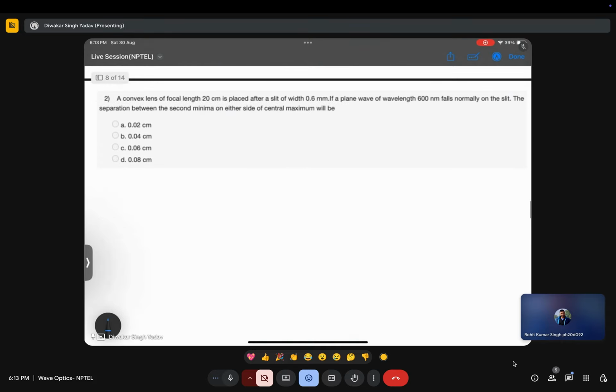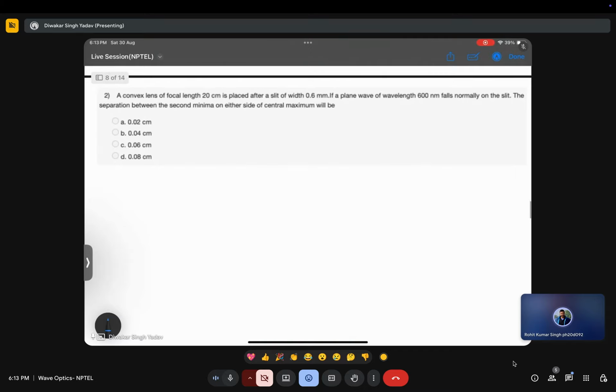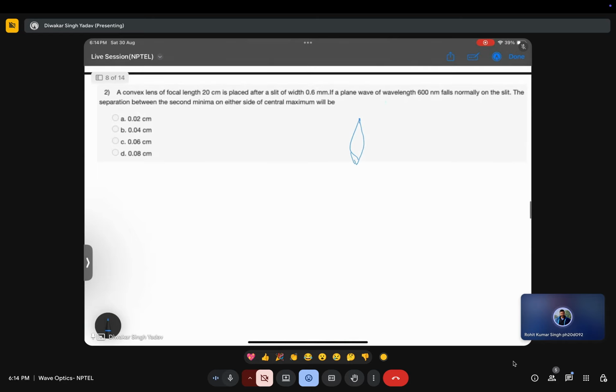Sorry. So here the question says a convex lens of focal length 20 centimeter is placed after a slit of width 0.6 mm. So b is given.